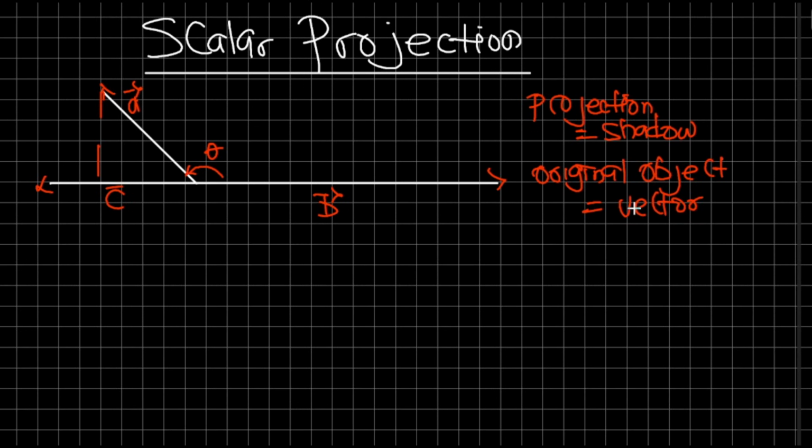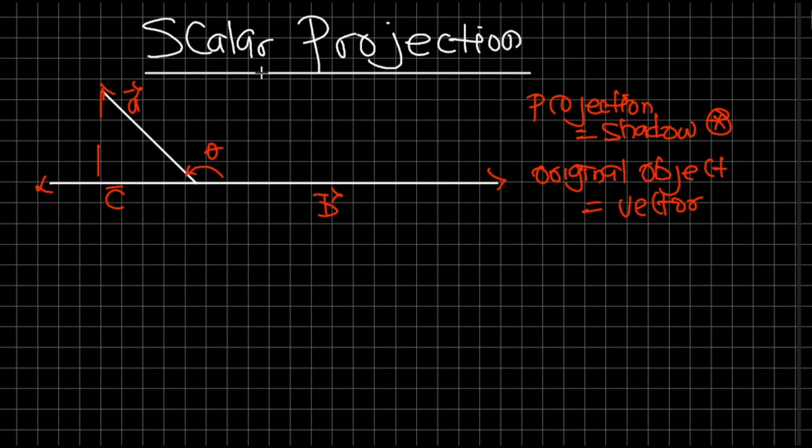Of course, we know how to find a vector now. What we don't know how to calculate is the shadow, the length of the shadow using a vector form. So how can we calculate the length of a shadow? That is the topic, scalar projection. That is what it's all about. So scalar projection is a way of finding the length of a shadow cast by an object.